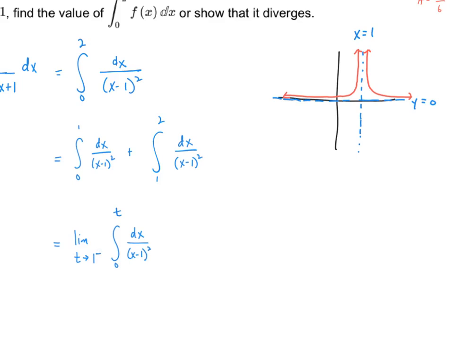Alright, so now we'll evaluate that in a second, and now we'll do the same thing. Limit as t approaches 1, now from the right hand side, and now we're going from t to 2, of this function.